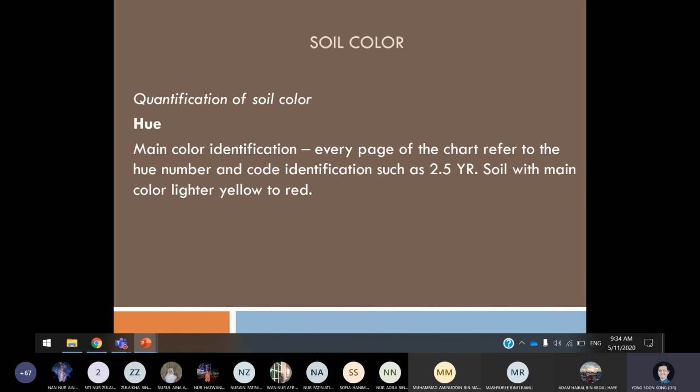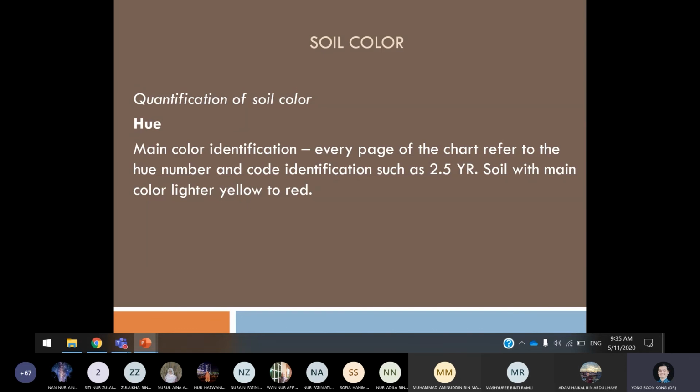So how the student determines the soil color is that you use a piece of dry A4 paper, and from the soil sample you add a little bit of moisture so that it looks like a paste. Then you smudge it on top of the A4 paper. Then, with enough sunlight, enough lighting, you put this piece of paper behind the Munsell color chart.